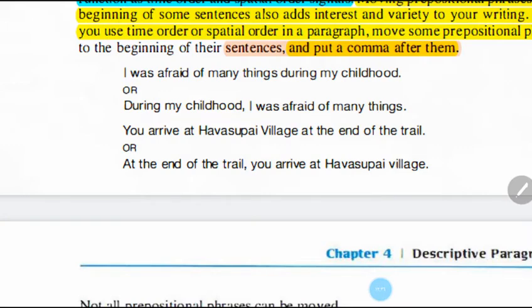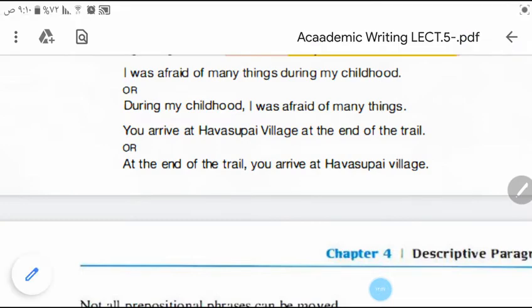So you can start with during my childhood, then you have to use what? A comma after it. During my childhood, I was afraid of many things. You arrived at Avaspa village at the end of the trail. At the end of the trail, you arrive, and so on.